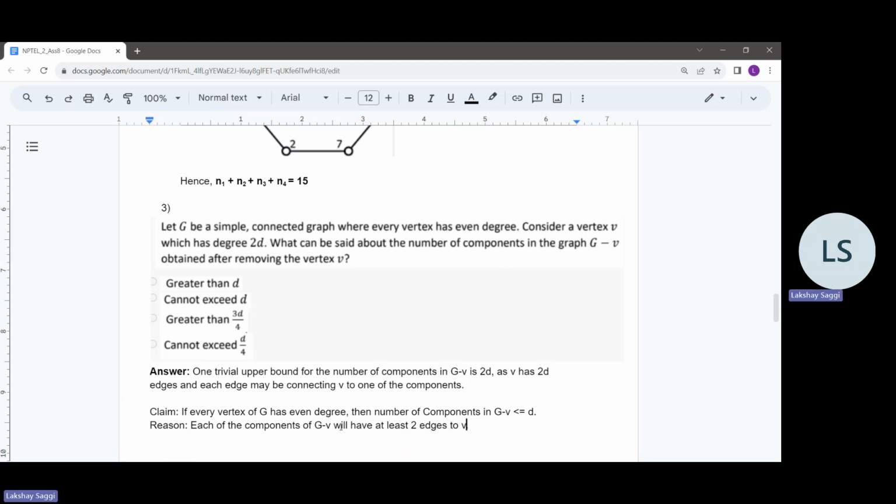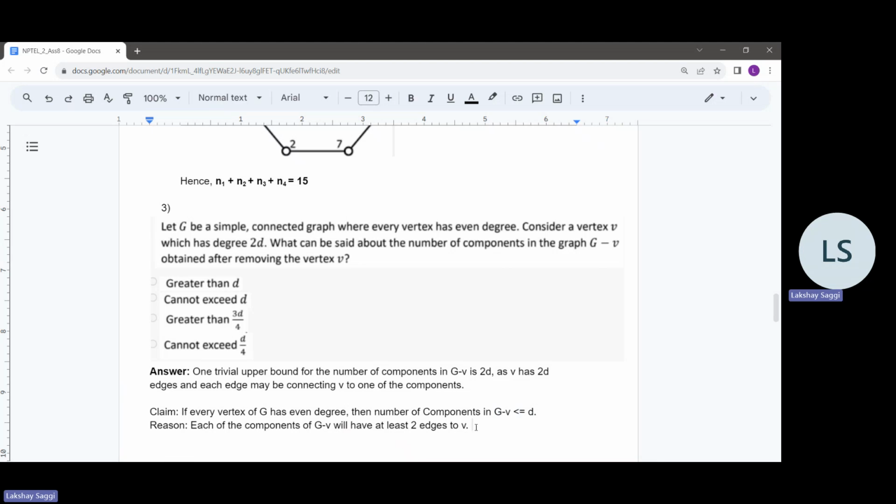So, why is this the case? To prove this claim, first of all, if each of the components has at least two edges to V, then this sort of claim is easy to justify, right?